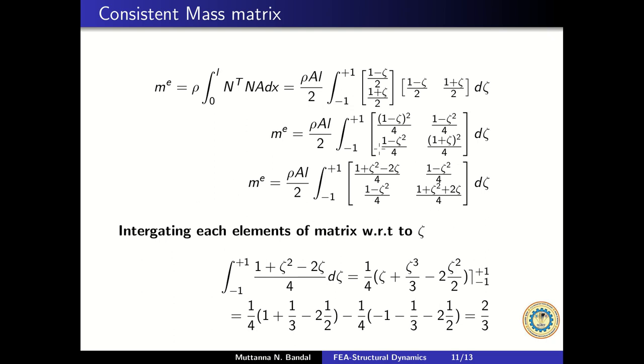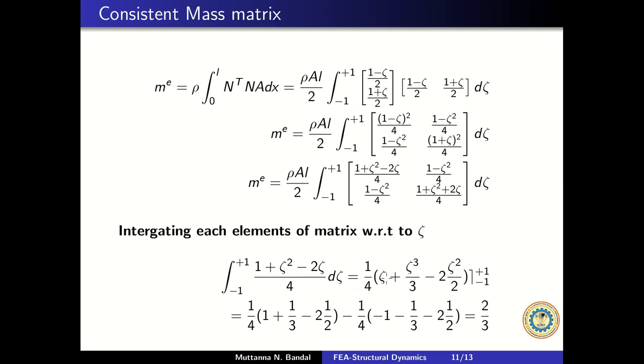Now once we get this equation, we have to integrate each of the elements of the matrix with respect to zeta. So I have to integrate this, this, this and this. For demonstration, I have shown the calculation of this part, and you can do the rest in a similar way on your own. I have taken here the integral of -1 to +1, 1 plus zeta square minus 2 zeta by 4, into d zeta.